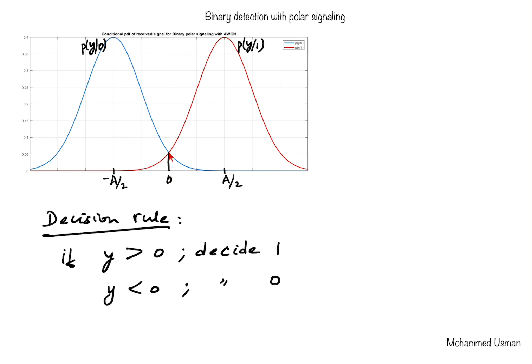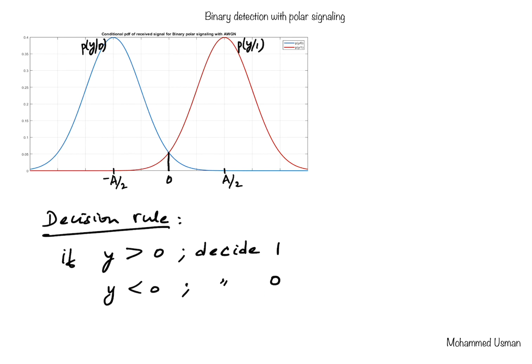And again, we are choosing this midpoint between minus a by 2 and plus a by 2 as our decision threshold because we consider the zeros and ones to be transmitted with equal probability. So if the received signal y is greater than this threshold of 0, the receiver will decide it's a bit 1, and if the received signal y is less than the threshold, then the receiver will decide it as a bit 0.